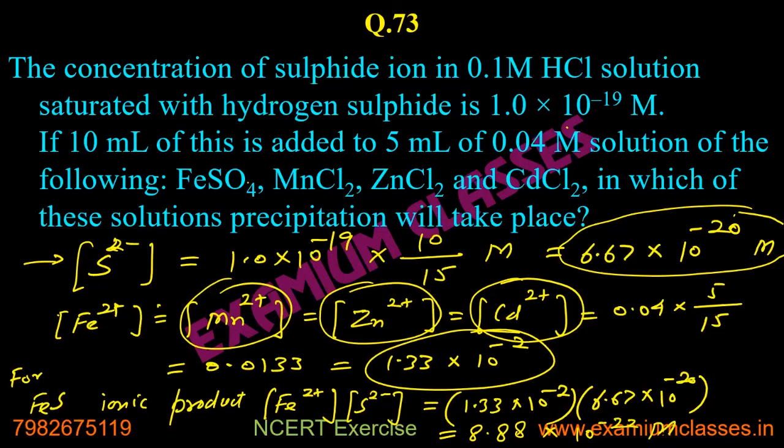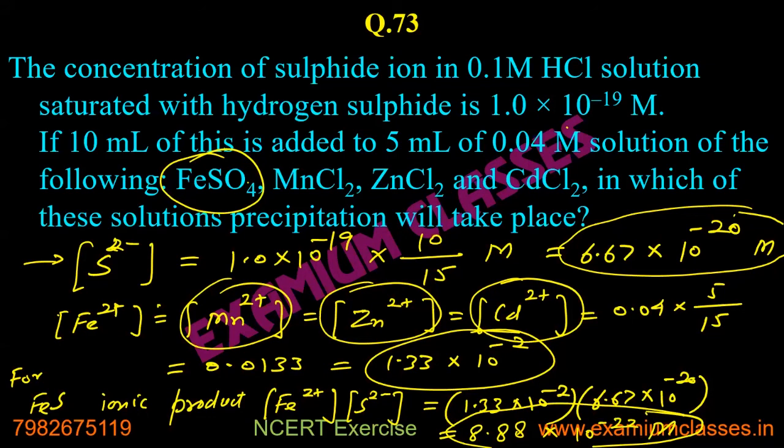Now what you need to do, you need to check whether this ionic product is greater than KSP of FeS or not. Okay. So if anyone can tell me what is KSP of FeS if you have seen in NCERT. What is the value of KSP? Oh, Devansh, thank you. 6.3 into 10 power minus 18.